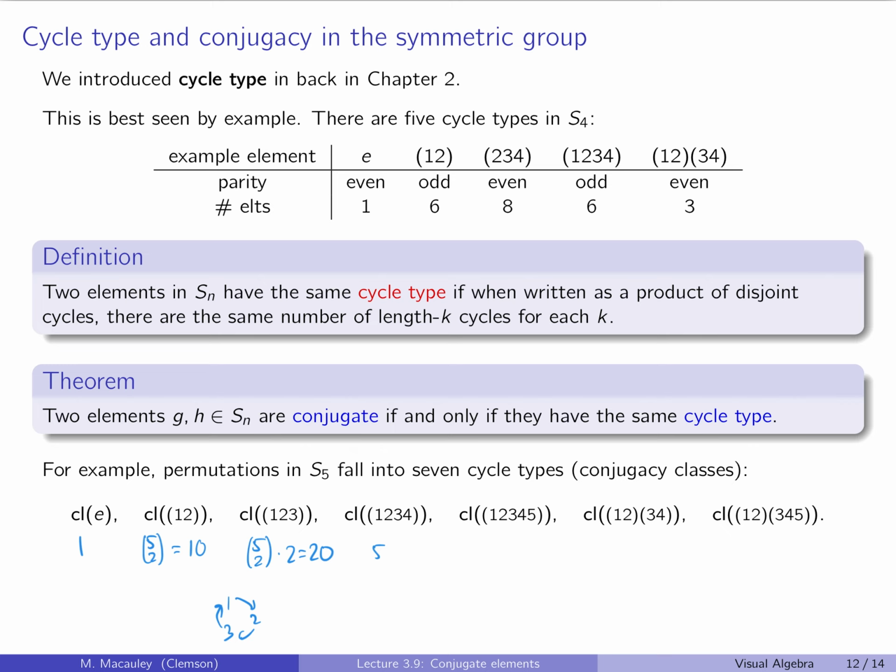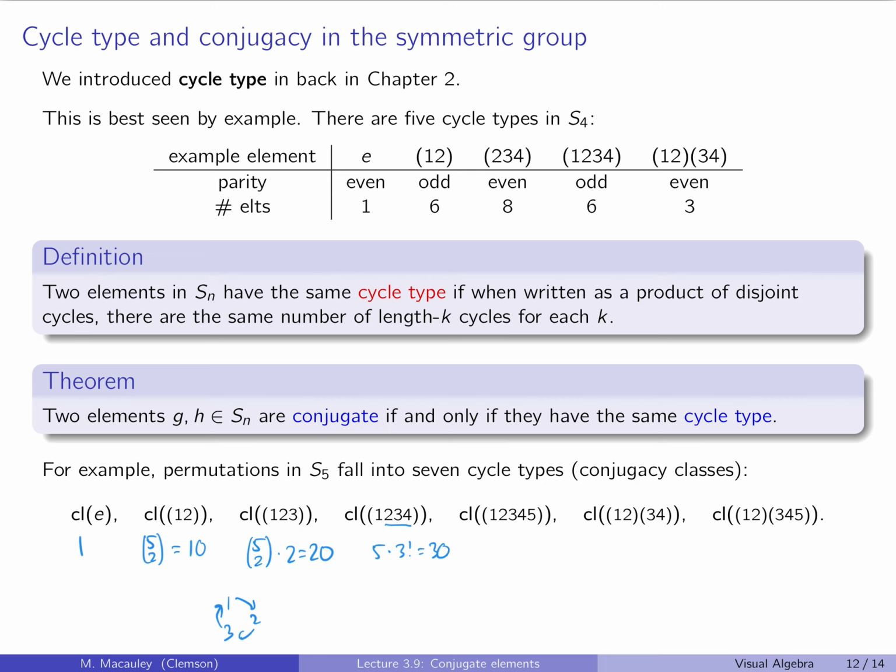And then every 4 cycle is determined by the remaining 3 digits. So we have 3 factorial or 6 ways to choose those. And so that is 5 times 6, there are 30 4 cycles.